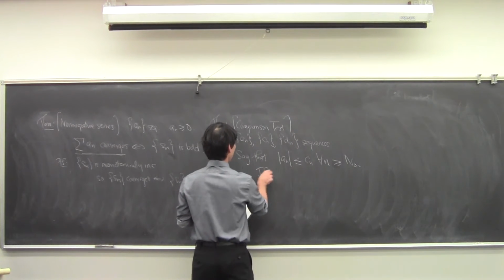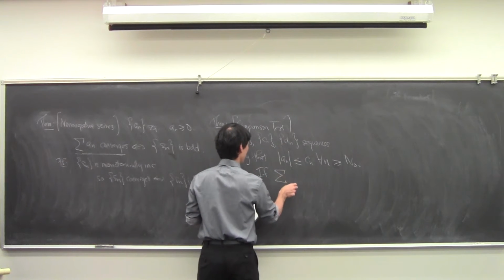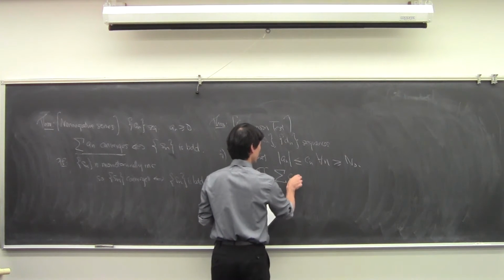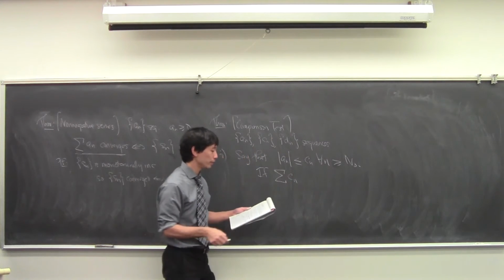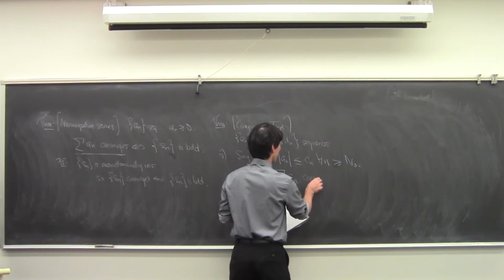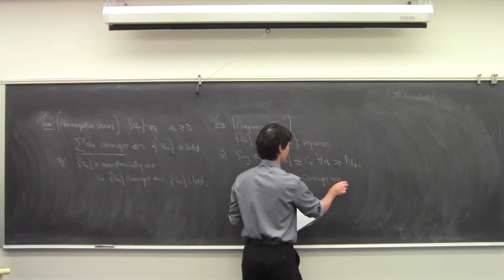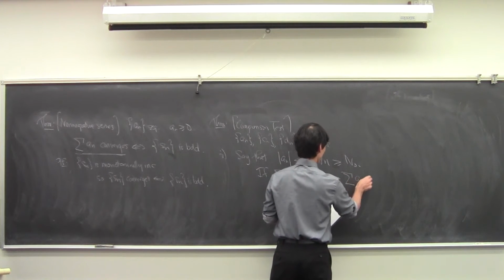Then, if the sum of the c sub n converges, then the sum of the a sub n converges.